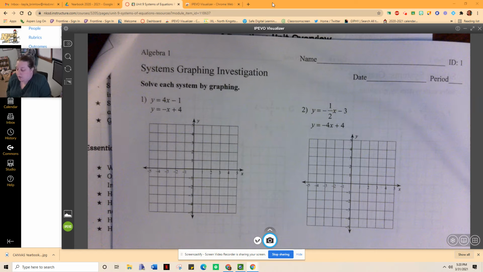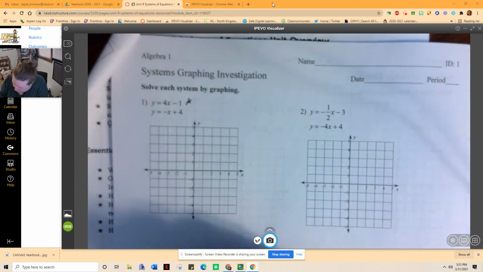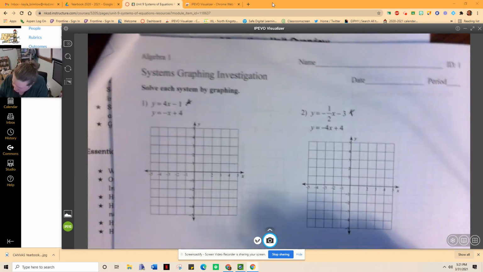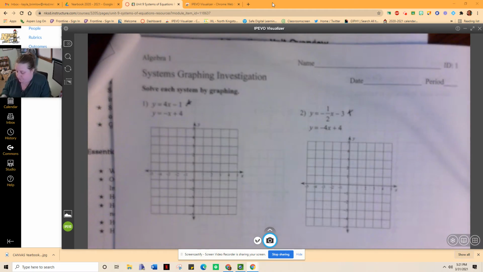All right, so we're doing an investigation today in class to kind of discover systems of equations. So when we're looking at this, I'm looking at a coordinate plane, which we've been using to graph for a while now. I'm also noticing I have multiple equations in each problem, and they're all in slope-intercept form, so you should be able to graph them. So let's go ahead and go through problem number 1. I'm going to use 2 different colors just to see these a little bit better, and put stars next to them with the colors that I use, okay?